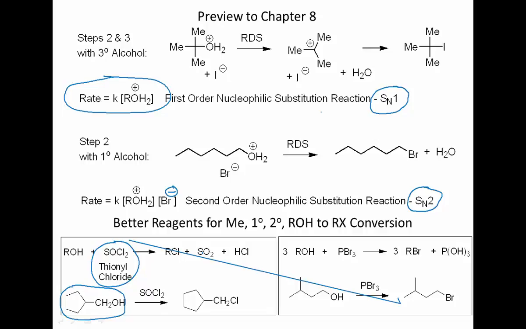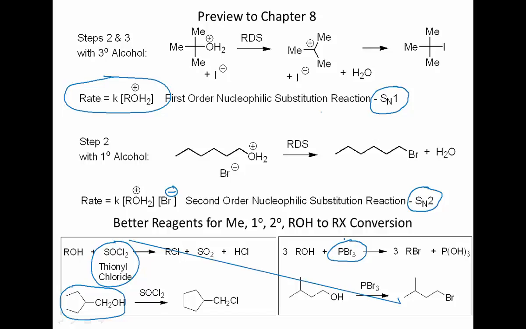If you want to convert a similar type of alcohol into a bromide, the reagent of choice is phosphorus tribromide. Okay? So this reaction is going to make the alkyl bromide and phosphorus acid. If you look at the stoichiometry, every one of those P-Br bonds is actually going to convert to a C-Br bond.